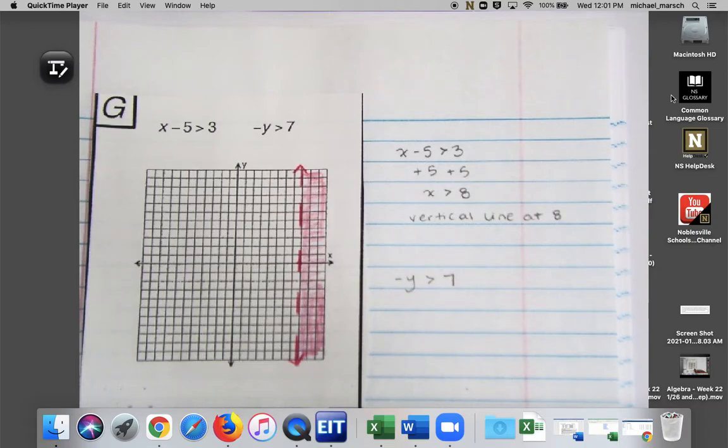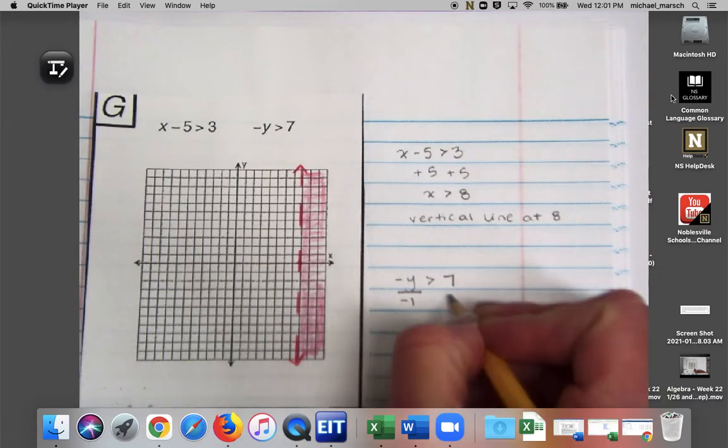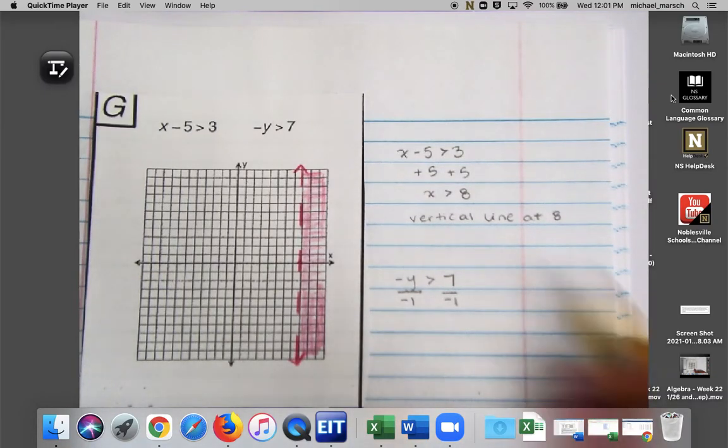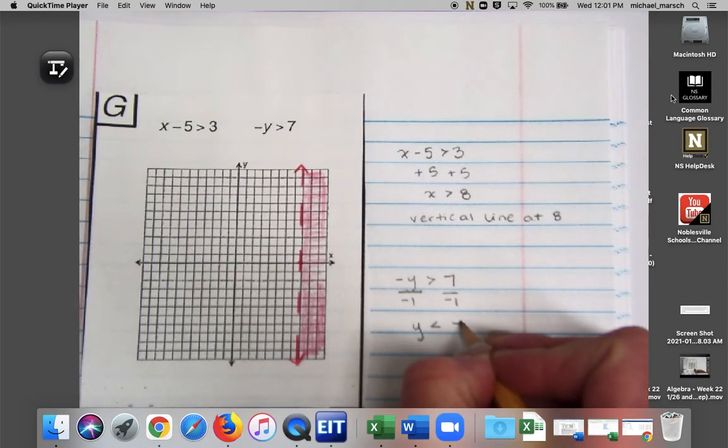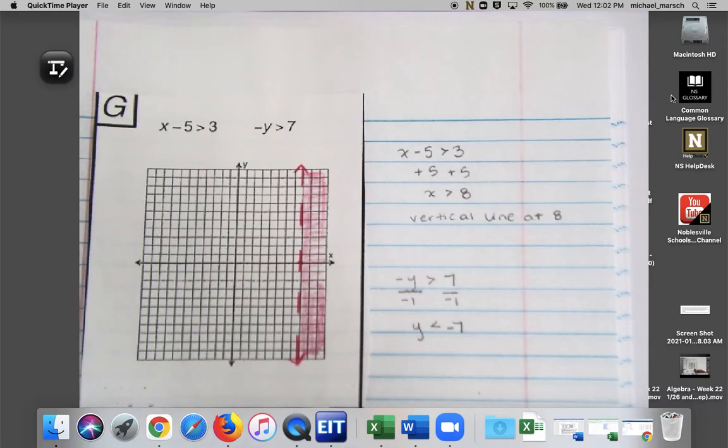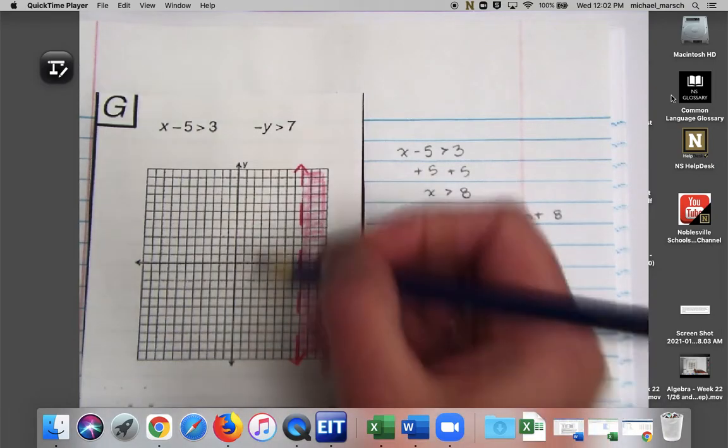Okay, I have to fix this. Anthony? I have to divide. Yep, so what do I have to do to my sign? I have to flip it. It's going to be a horizontal line at -7. You guys are on it today.